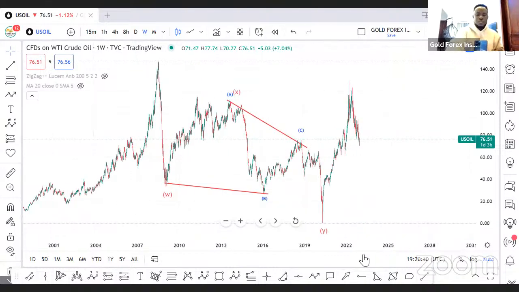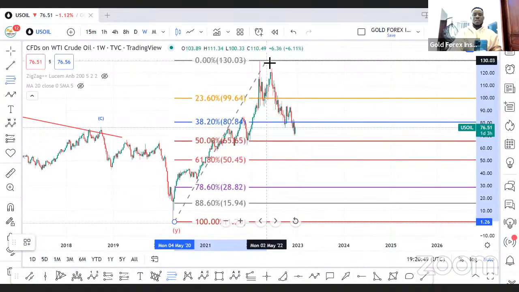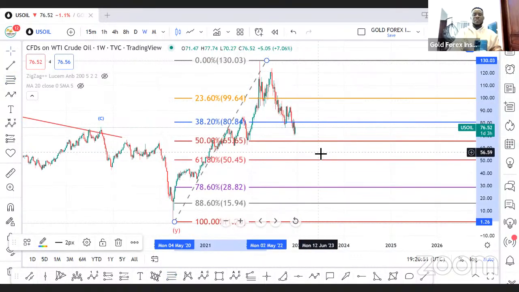Now, when you come to this zone, this is forming. So currently we are in a corrective wave.